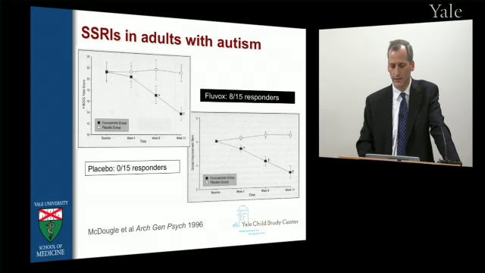In the case of fluvoxamine, about half of these individuals improved compared to none of the adults on placebo. Granted, these were small samples, 15 individuals in each group, but this seemed to be promising information.